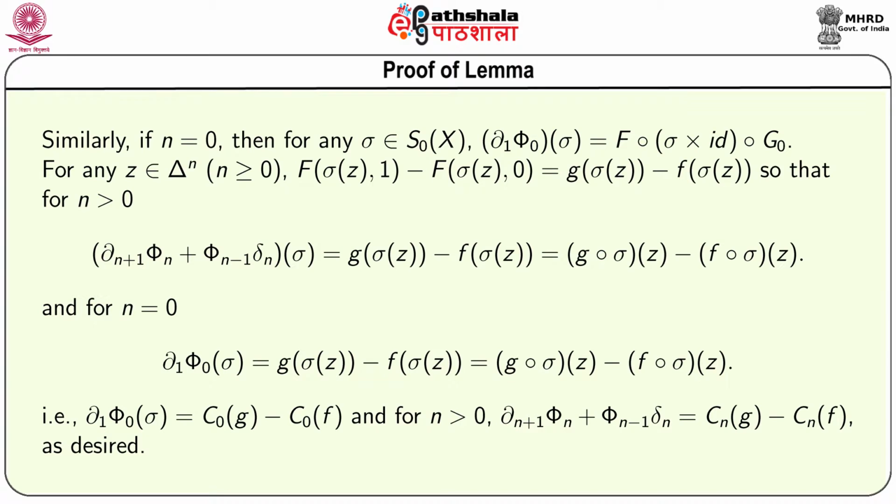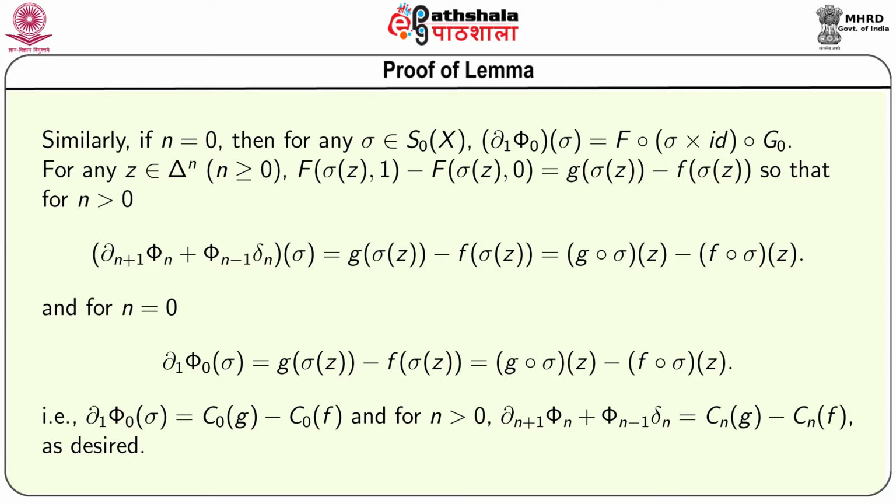Similarly, if we take n equal to 0, then for any sigma belonging to S0x, we have del 1 composed phi 0 operating on sigma is equal to F composed sigma times identity composed G0.